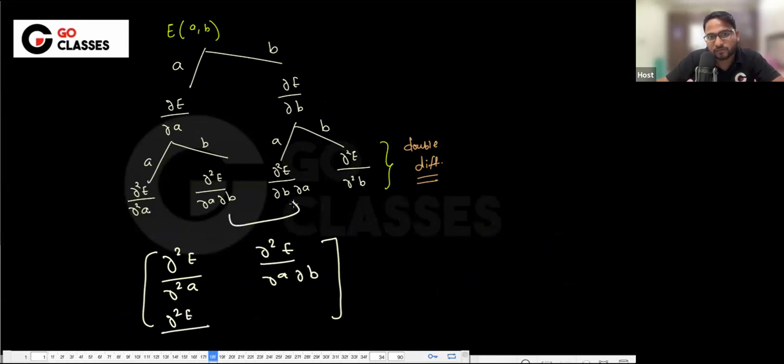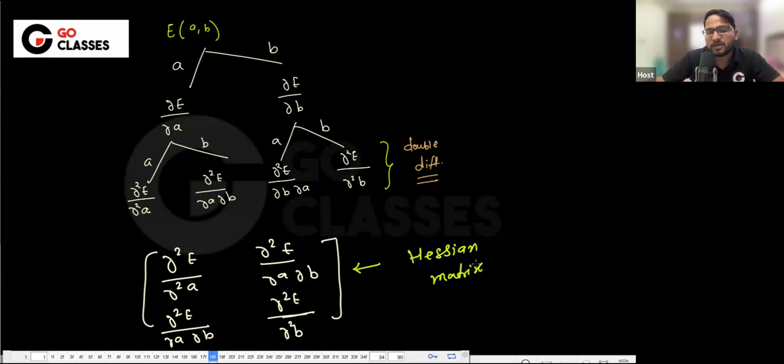Actually these two terms are the same, so you can write like this. We arrange all of these four terms in a matrix, and we call this a Hessian matrix.